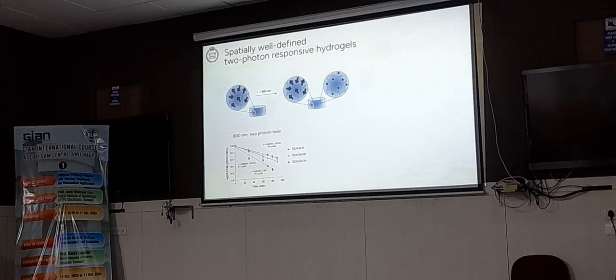The good thing when you use this 2-photon laser is that you can be very specific about where you irradiate. And then that's where I come to the fact that we want to exactly decide where and when to activate. If we can just irradiate on a specific spot and activate that part, then in the next step we can actually add the growth factor to exactly that spot.